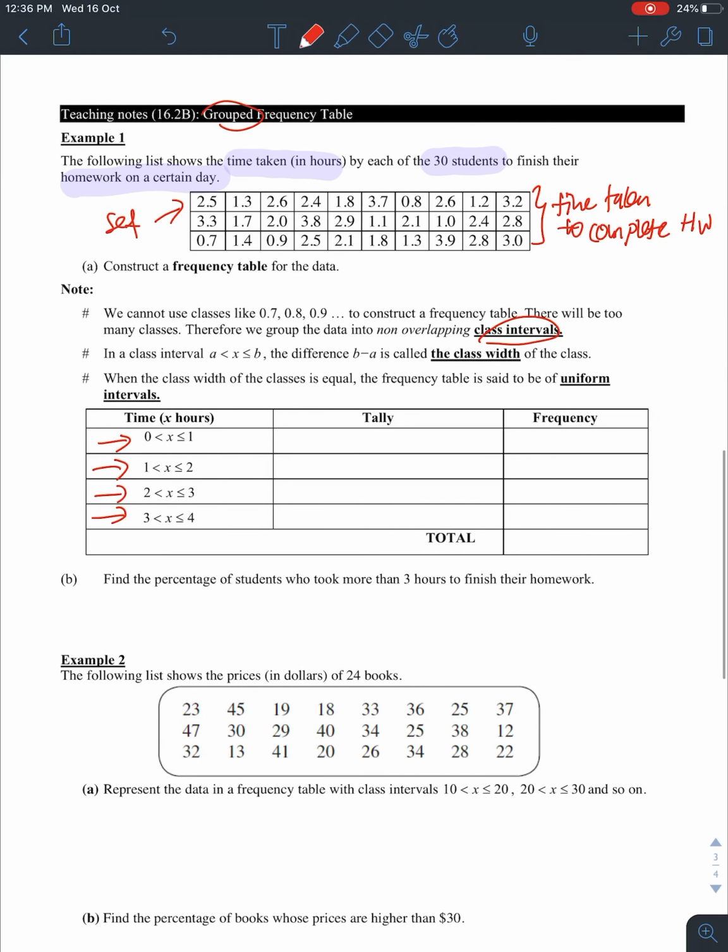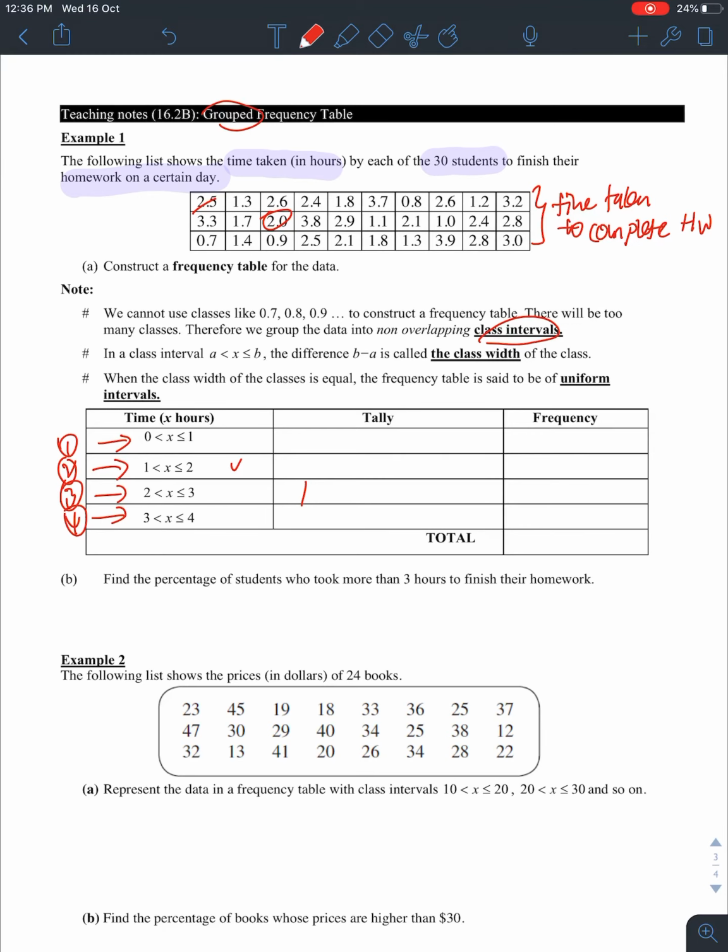Okay, so let's look at each individual data and tally them. For the first one, 2.5, which class interval should it lie in? 1, 2, 3, or 4? You should be able to clearly see that 2.5 lies in the third class interval. Next, how about numbers like 2.0?